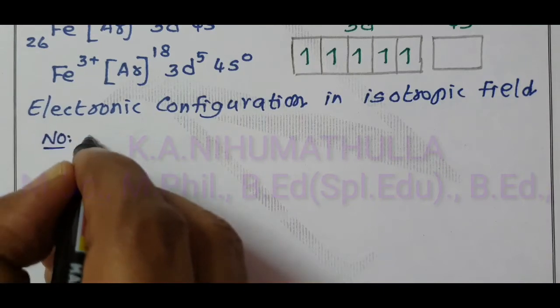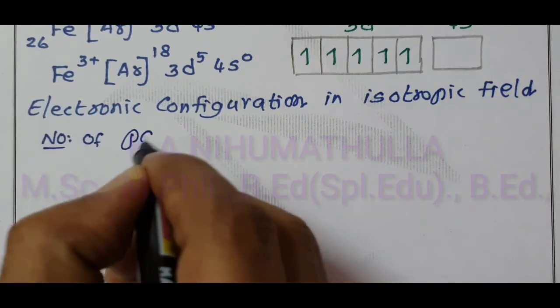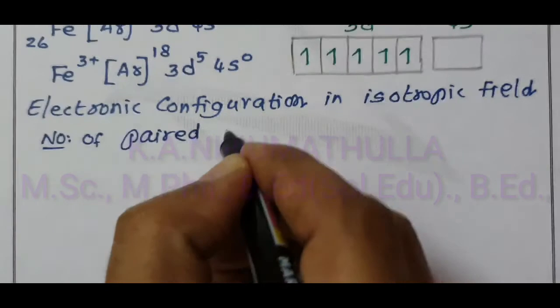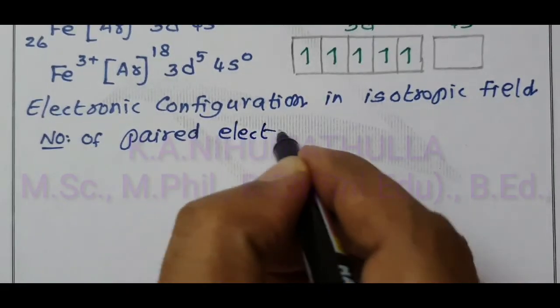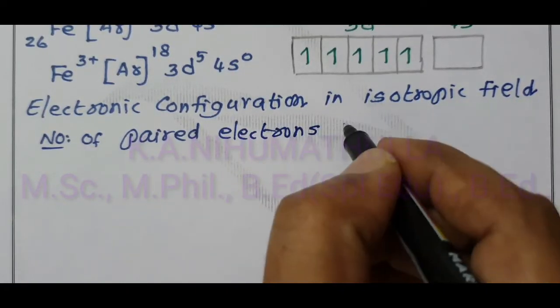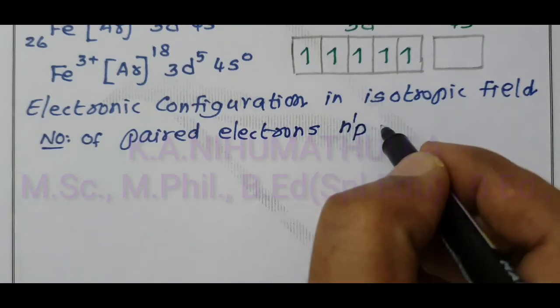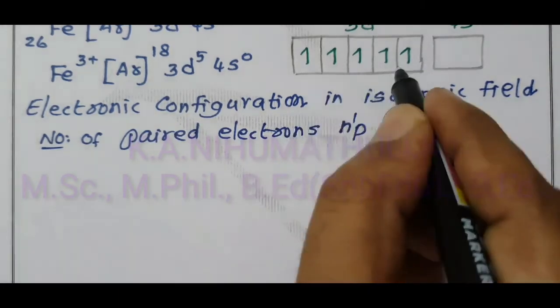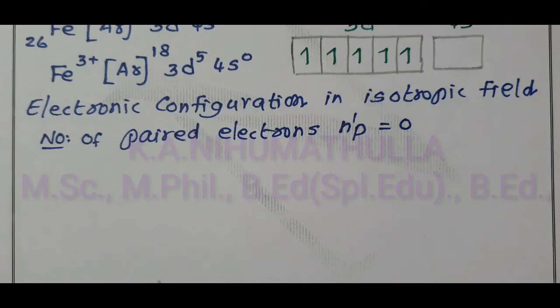Number of paired electrons, n'p, equals 0. There is no paired electron.